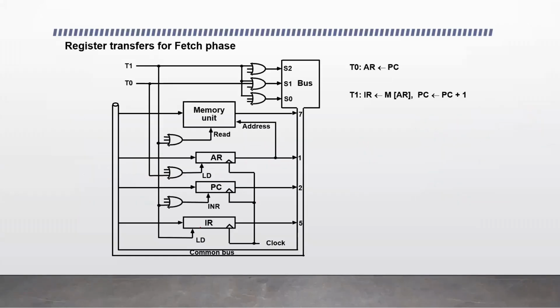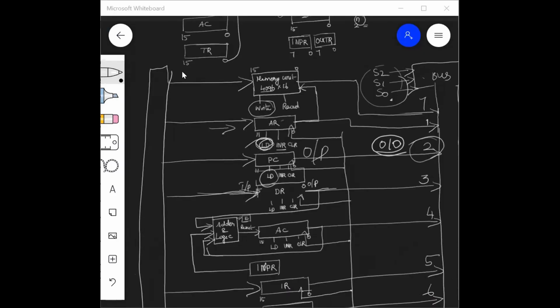So here are the register transfers for the fetch phase. It is explained using this diagram. If you remember, we have drawn this diagram: the memory unit, then the address register, and how these registers are connected to the common bus for transferring information between the registers and memory.